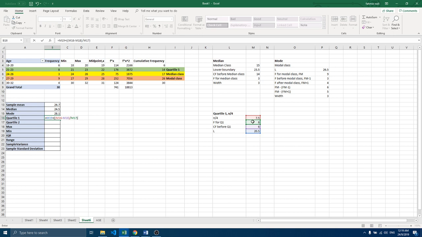One more bracket, multiply with same thing, which is 3. This one, 3.